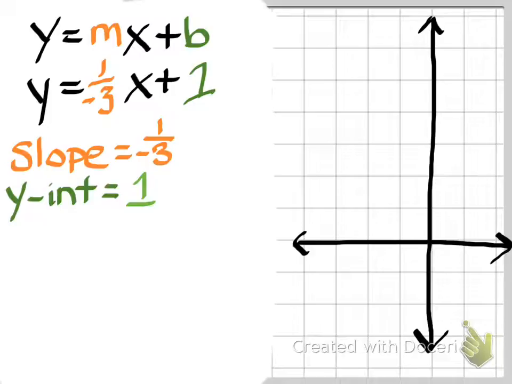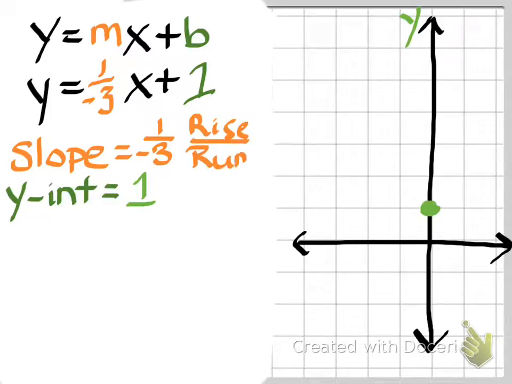Okay, and our first step is to graph the y-intercept. So I'm going to put a point on the y-axis where positive 1 is. And now I use my slope to find my next point. So I rise and I run.